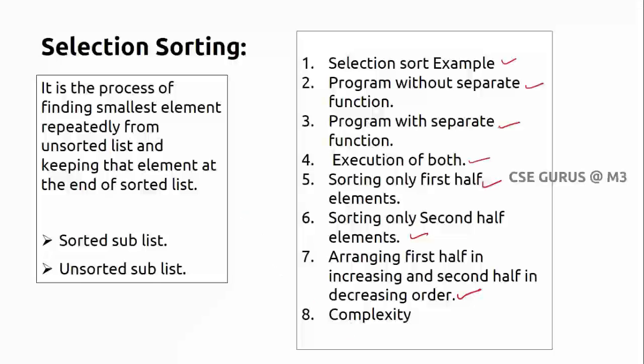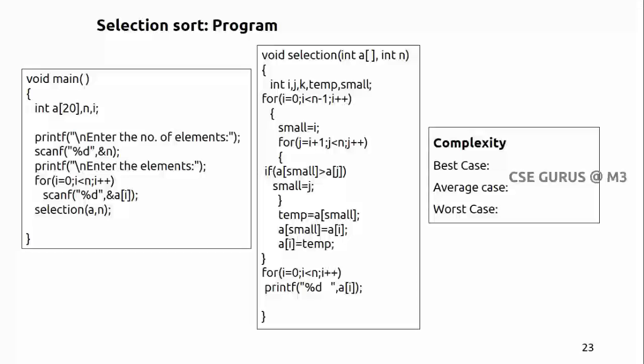And the final one, complexity. So what is the complexity here? Coming to the complexity part, in selection sort, even if you give any type of order of the elements, even increasing or decreasing, this process has to be completed, right?